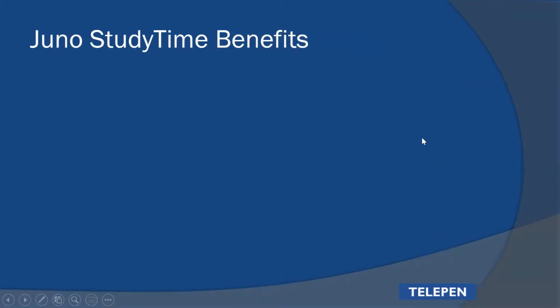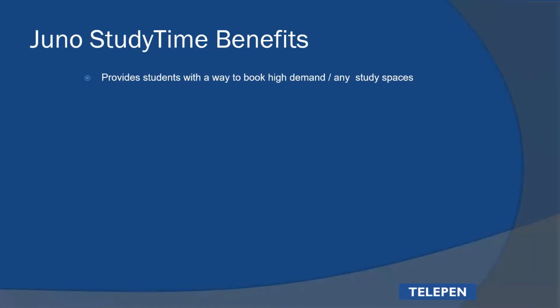So just to summarize StudyTime, I told you it was a quick walkthrough, but to summarize the benefits of the product, it provides students with a way to book high demand spaces. It's all about high demand or smaller numbers of resources. If the student can always turn up and get a study space that they want, no matter what the time is, then this is of somewhat less benefit to them.